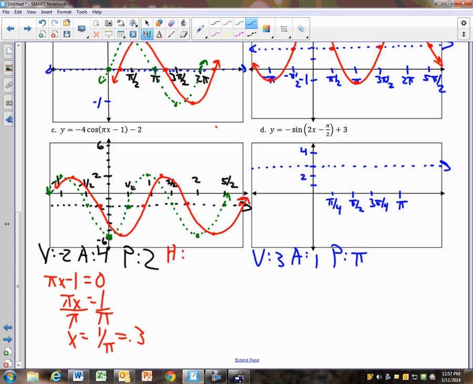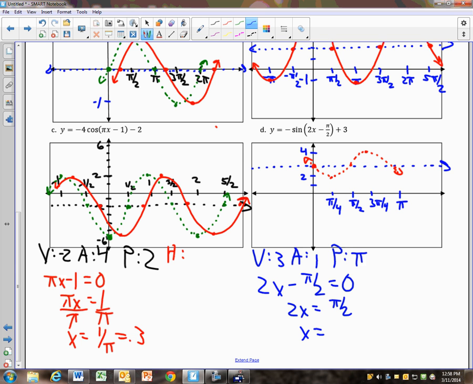Do I have a horizontal shift? Yes. So let's draw the imaginary graph first. Where do I start? The center. Where do I go from there, up or down? Down. There's my graph so far. Let us solve for the horizontal shift. 2x minus pi over 2 is equal to 0. So 2x equals pi over 2.